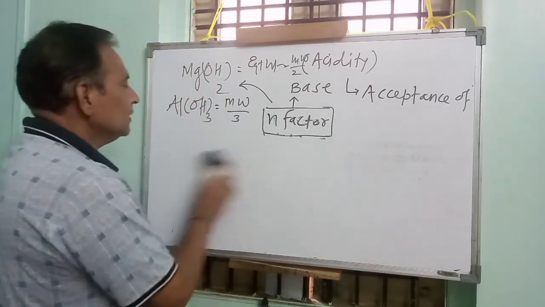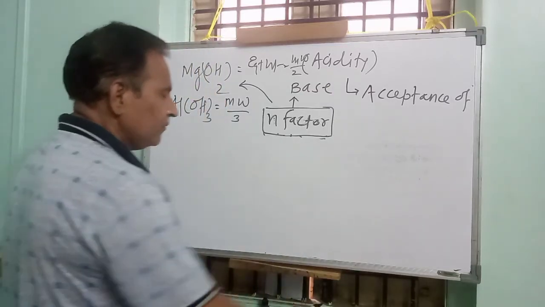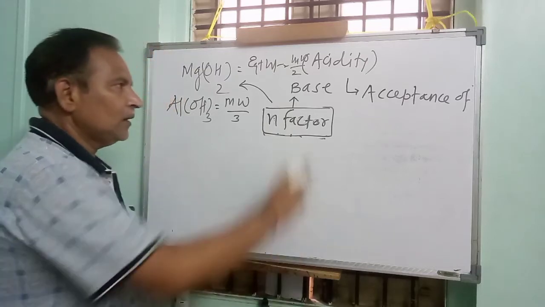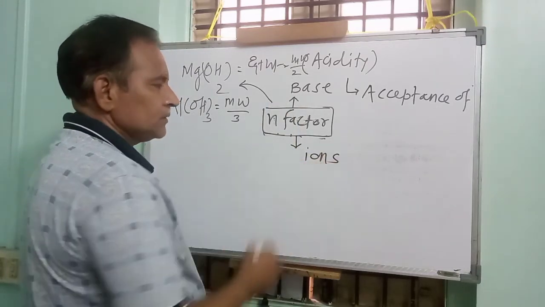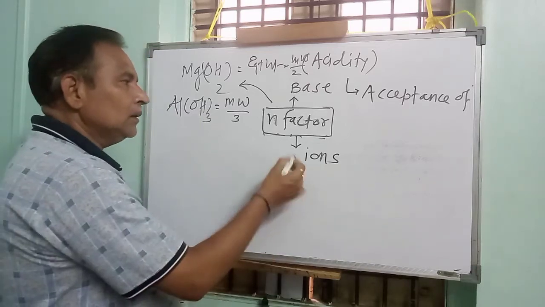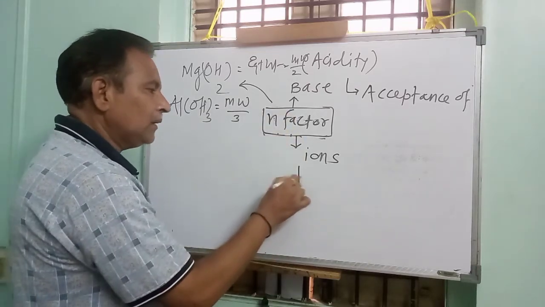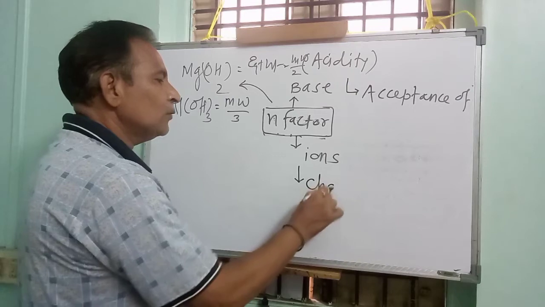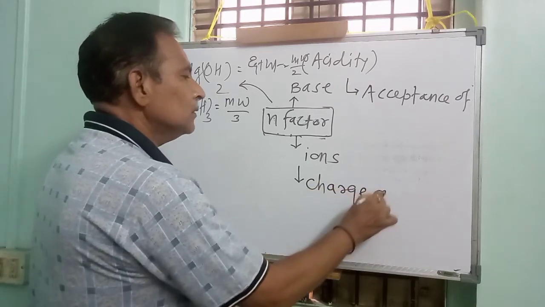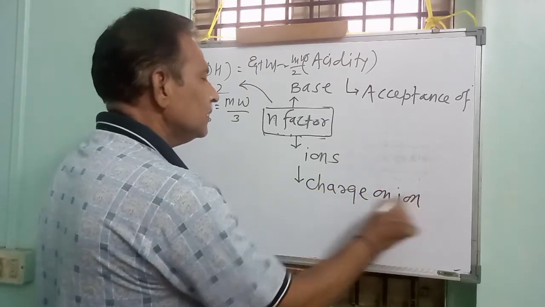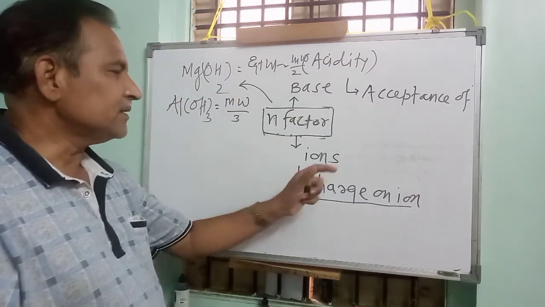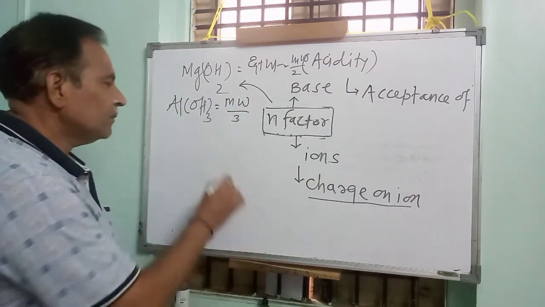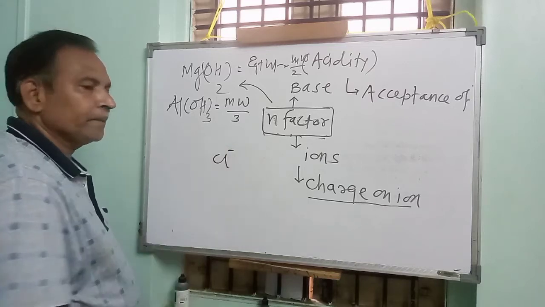So this is the next concept, that is if you apply this n factor to a base. Now if you apply the n factor to ions, the n factor will be the charge present on the ion. Both are simple concepts. For example, Cl minus ion.